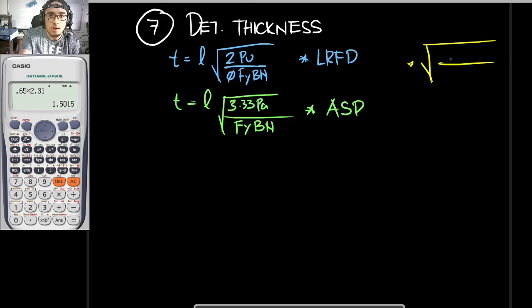That is 2 times omega, and our omega for bending, since we are checking bending for the thickness.